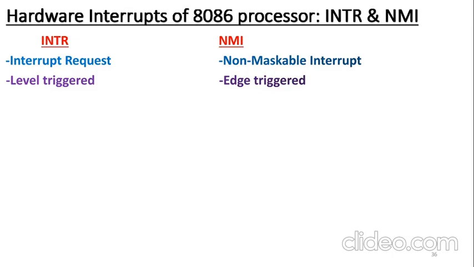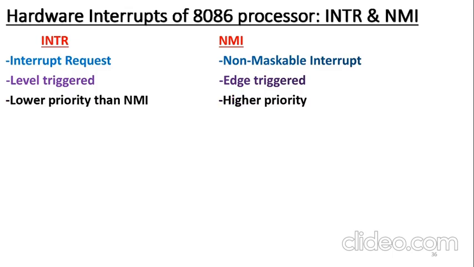It means that the proper type of triggering input should be given on that hardware interrupt pin by the connected device so that the processor will get interrupted and urgent servicing can be done from the processor side.